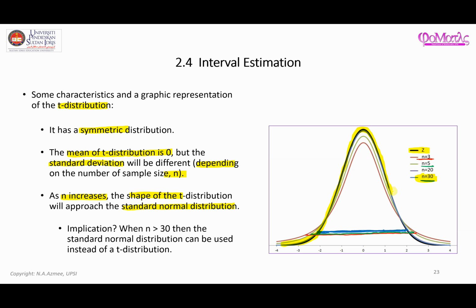So the rule of thumb is that when n is greater than 30, instead of using a T distribution, you have another option, which is to use the standard normal distribution. Both distributions can be used, as long as n is greater than 30.